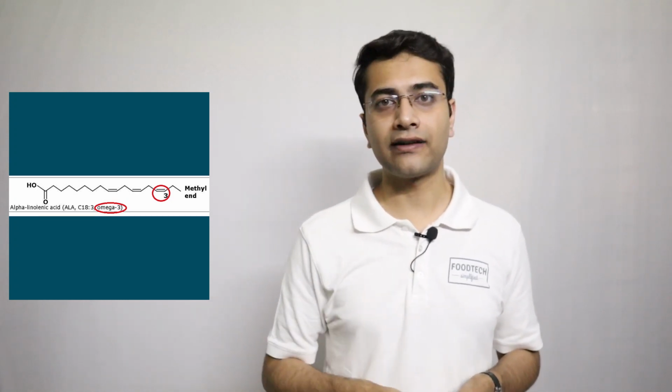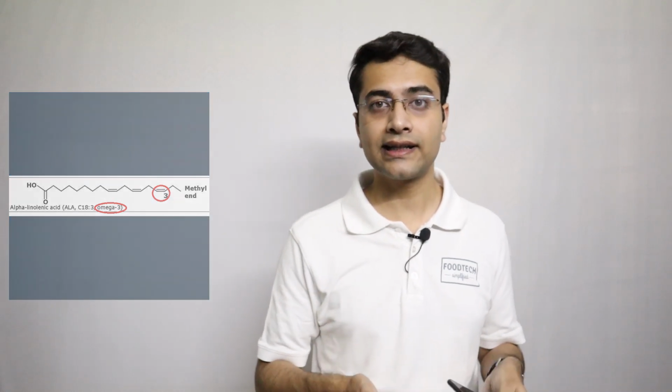The same principle applies for linoleic acid. Linoleic acid is known as omega-6 fatty acid. Why do we mention 6 specifically? Because the first double bond in linoleic acid is present at the 6th position if we start counting from the CH3 group. Alright, now moving on to the next question.